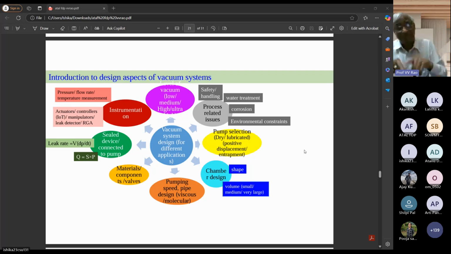Semiconductor is one of the industries, as are metallurgical industries. The systems are designed in different manners. But one thing is common: leaks should not be there, degassing should not be there, conductance should be as much as possible, cost should be minimized, chambers should be tight, seals should not be degassing, and the chamber should be backable.